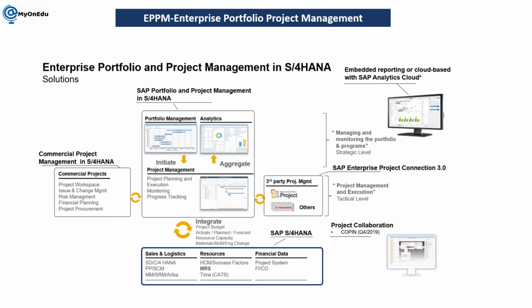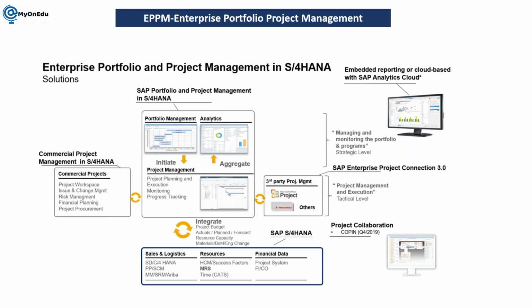So what SAP has done is combine all these individual modules in one package, and we started to call it EPPM, Enterprise Portfolio Project Management. And we told the customer that this EPPM package has all your project requirement solutions, whether it is a customer project, an investment project, or a cost project.